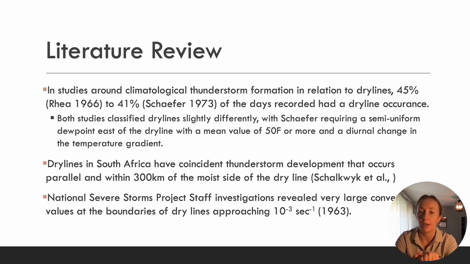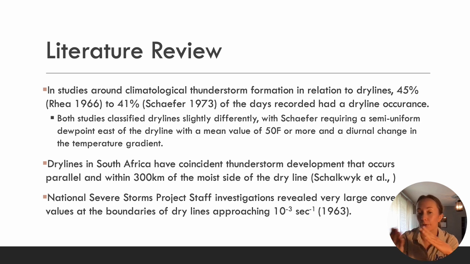So there's been some studies about dry lines in South Africa, as well as the National Severe Storms Project staff did some studies about boundaries of dry lines as well as convective activity.